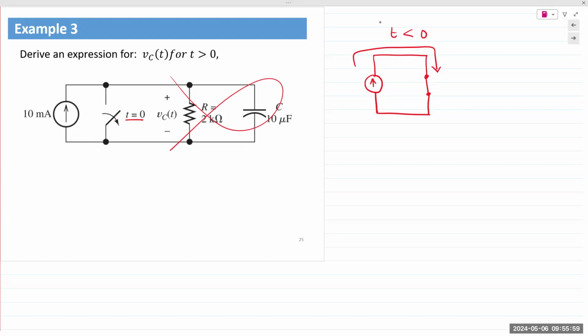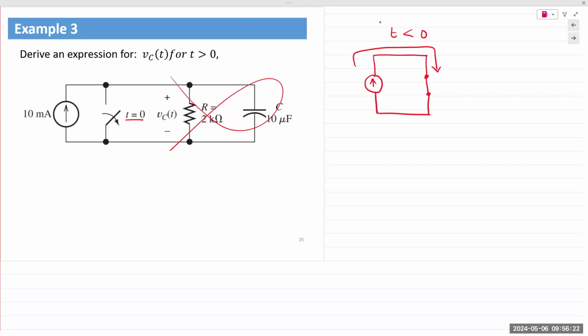Second thing is, nothing else is stated about the initial condition of that system. Nothing else is given to us. So if nothing is given to you, and we see that the source is not connected to that capacitor, we simply assume that the initial energy in the capacitor is 0.